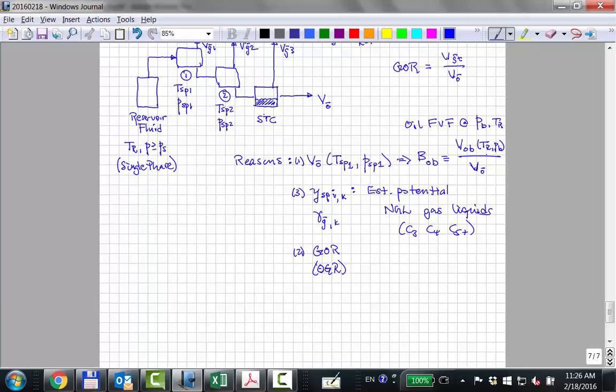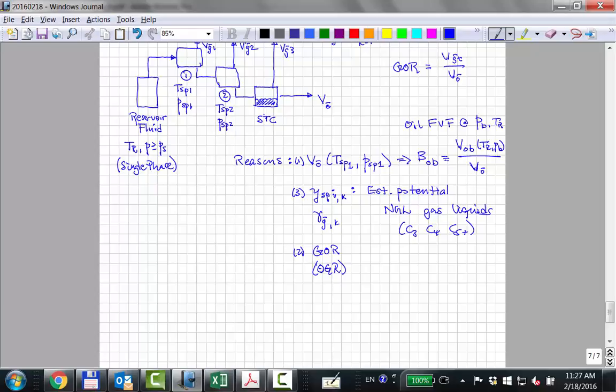Is 50% shrinkage. It's shrunk by 50%. It's shrunk by a factor of 2. Okay, you could say it that way. The formation volume factor will be, in this case, 100 cc's over 50 cc's, so that number is going to be 2. So we're shrinking the oil by a factor of 2.